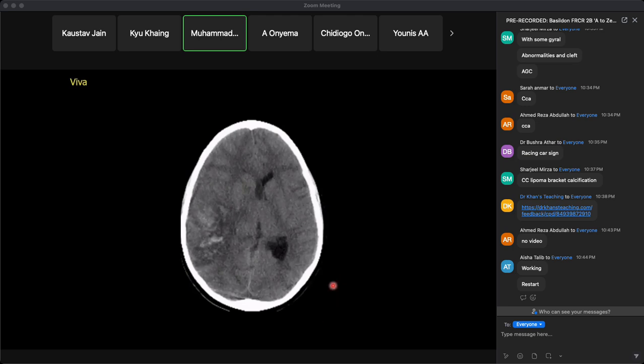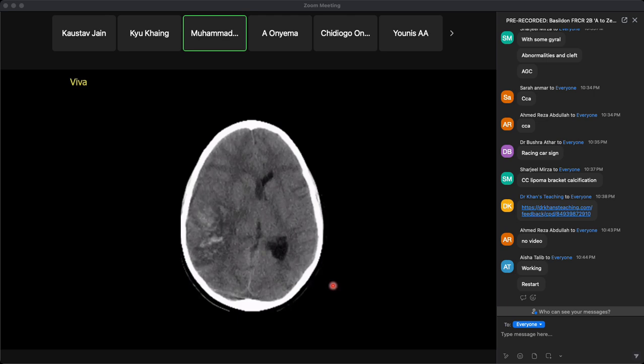So it's an axial CT slice, non-contrast, with areas of hyperdensity in the right parietal region with surrounding edema and sulcal effacement. There's also effacement of the lateral ventricles on the right side with some midline shift towards the left.